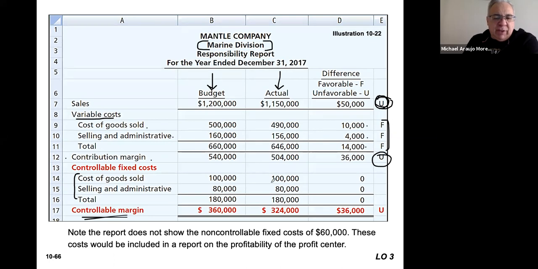Their controllable fixed costs, budgeted and actual, are matched perfectly. So what you've got is a controllable margin where they basically had an unfavorable result of $36,000. So this basically was their unfavorable result, but it was controllable. So they're going to go back and particularly look at the sales difference.